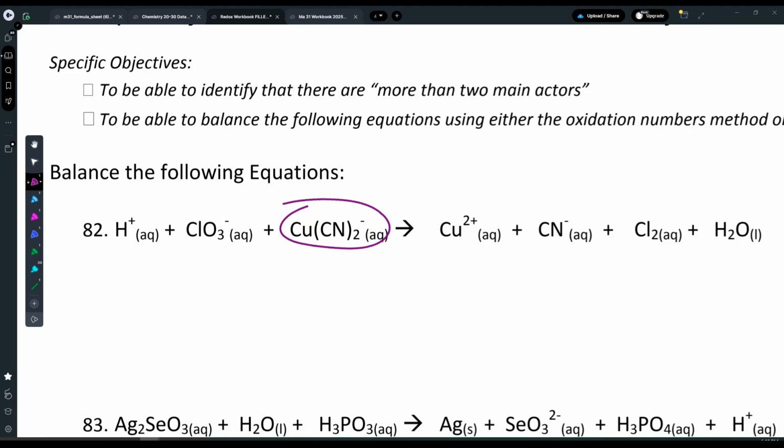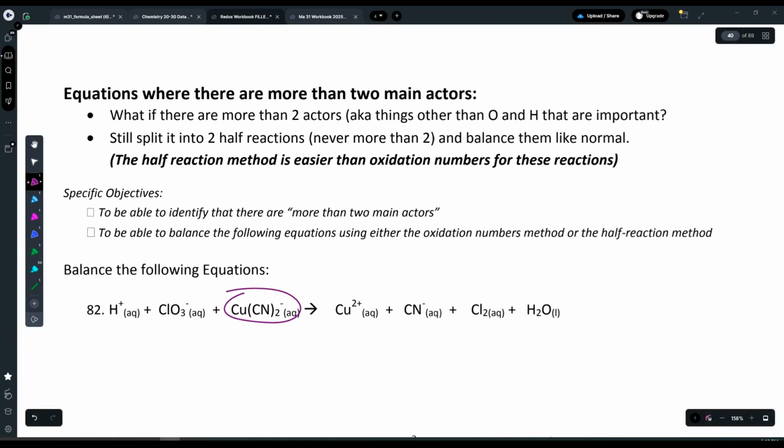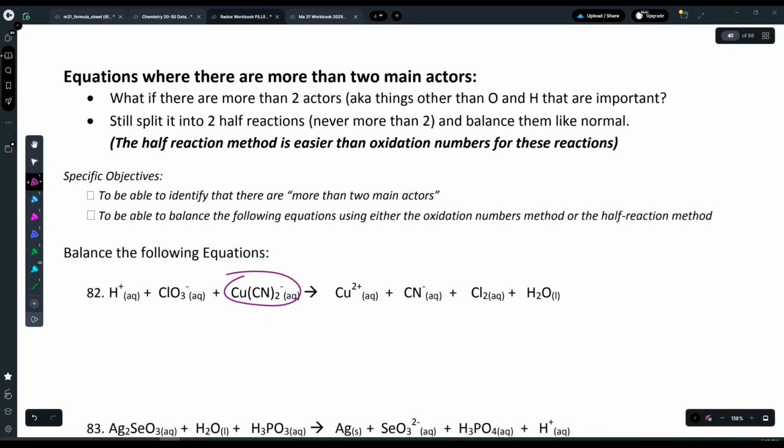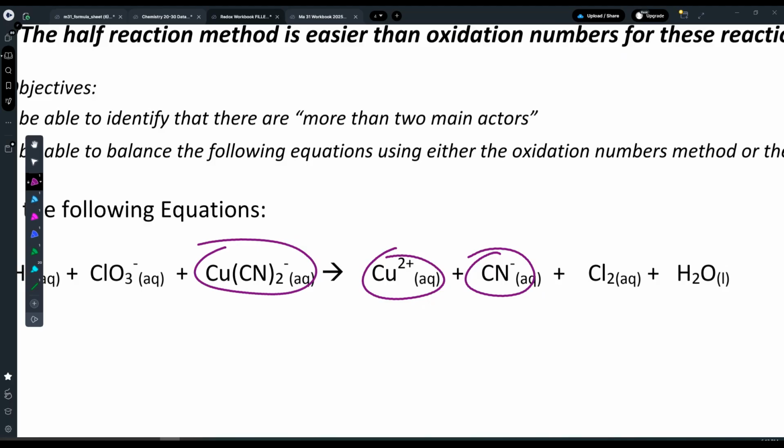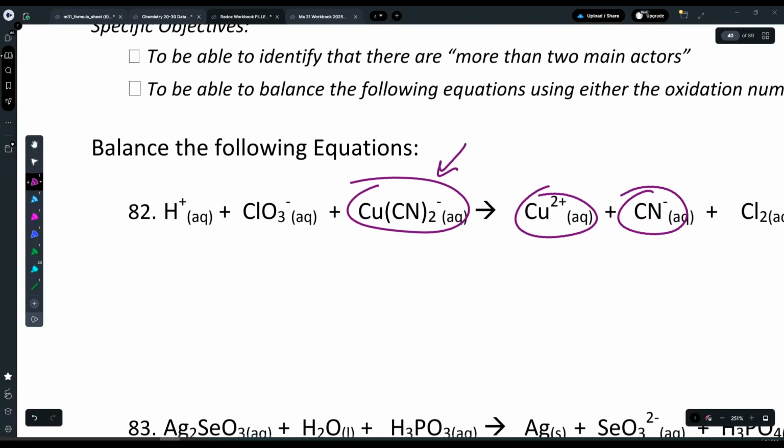Because we're dealing with equations where there's more than two important chemical species, this is why it's going to be a little bit different this time. If I look on my product side, I notice that my copper 2+ ions and cyanide ions are both in here. So I need to pick those to use in one of my half reactions here.